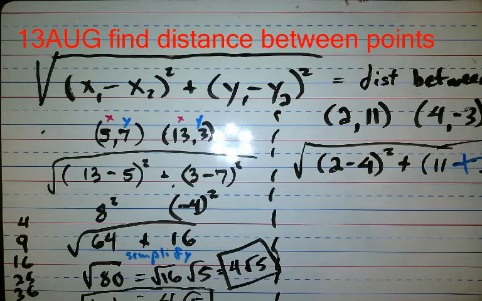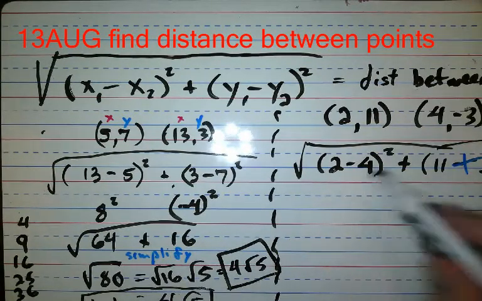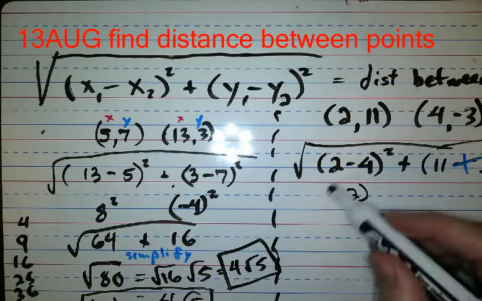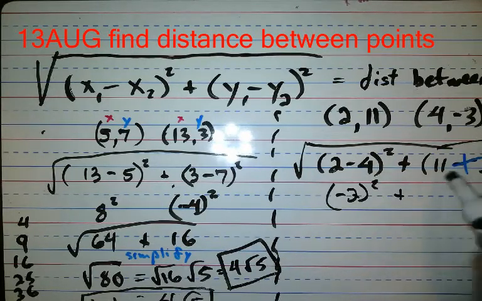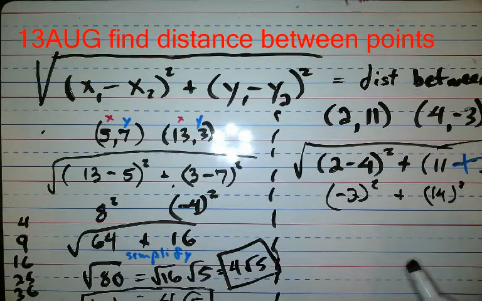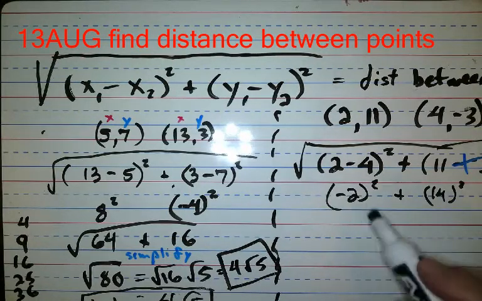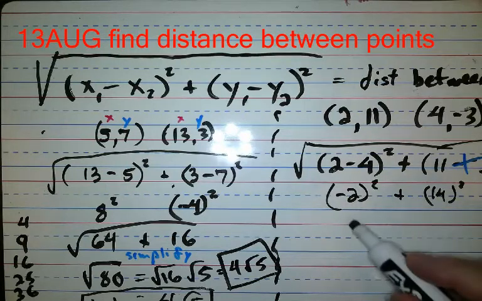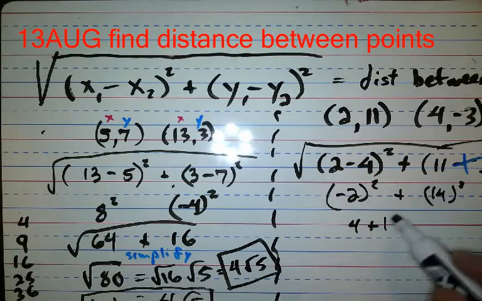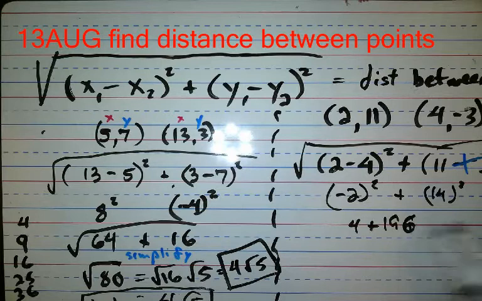So we're going to make that say add. There we go. Now then, 2 minus 4, negative 2 squared. 11 plus 3, 14 squared. And then remember, negative times negative is positive. So this is really 4 plus 196, and we're taking the square root.